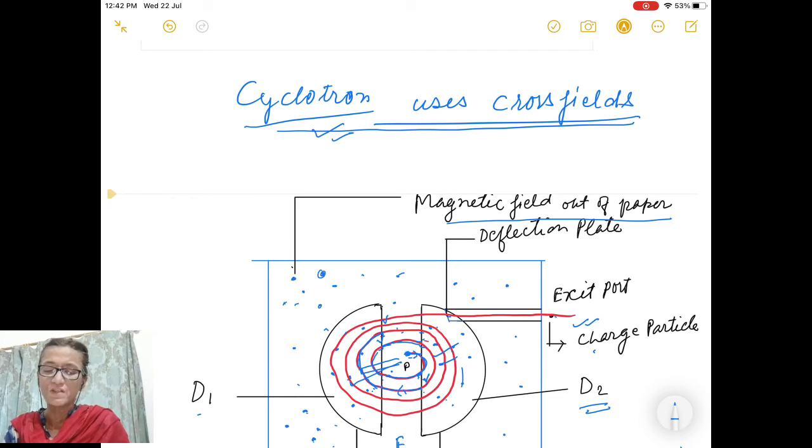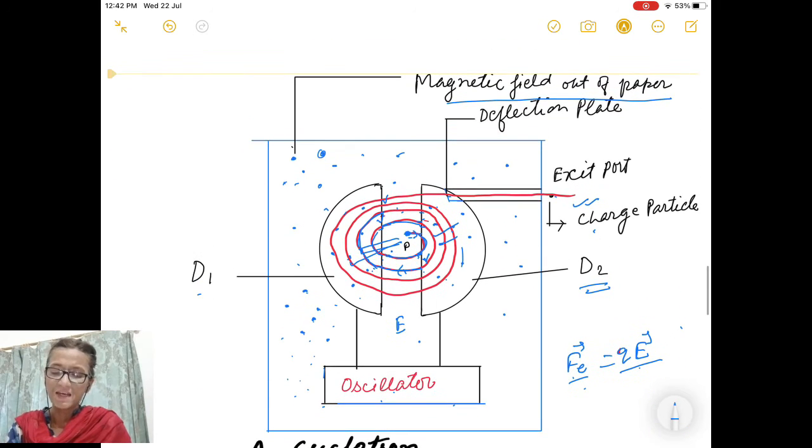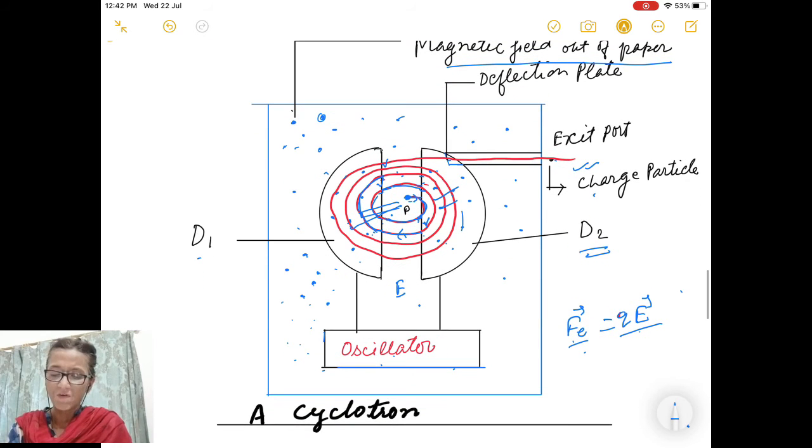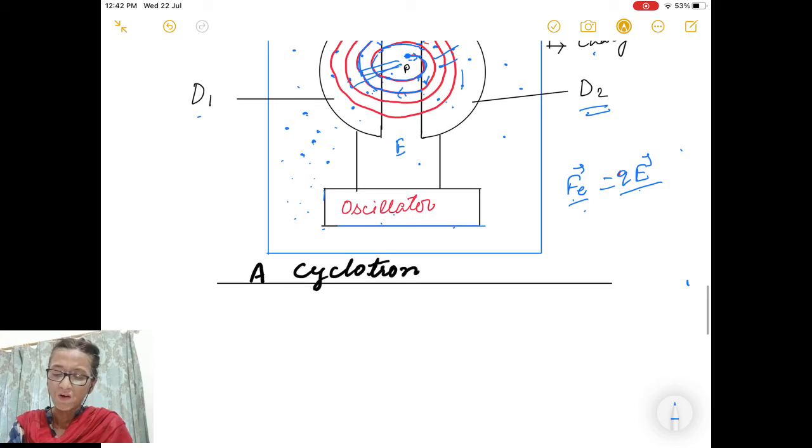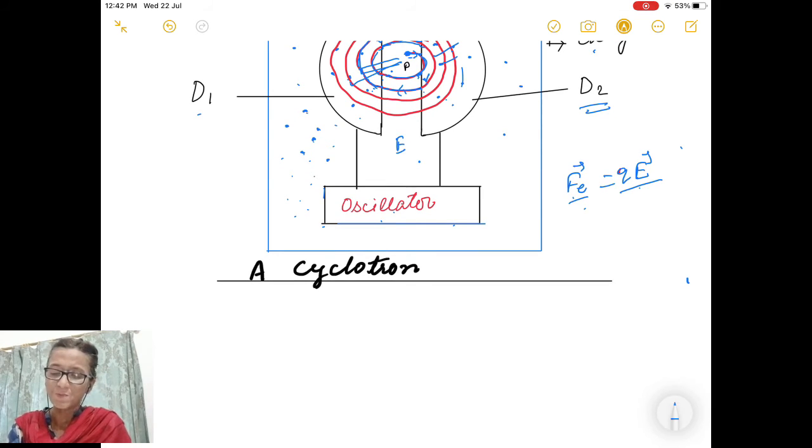Here we have used a velocity selector, and the second one is the cyclotron. We will be discussing how the cyclotron works and what the construction of a cyclotron is. But before that, we must learn the principle on which a cyclotron works, the working principle.